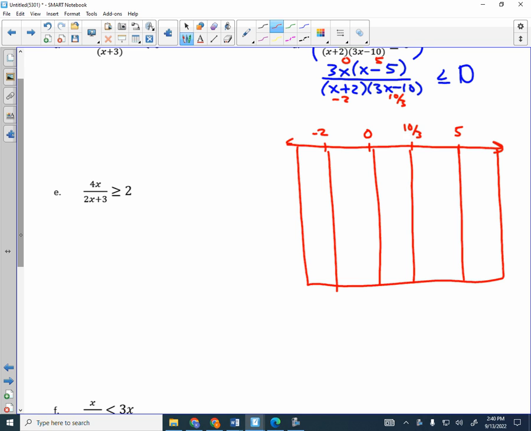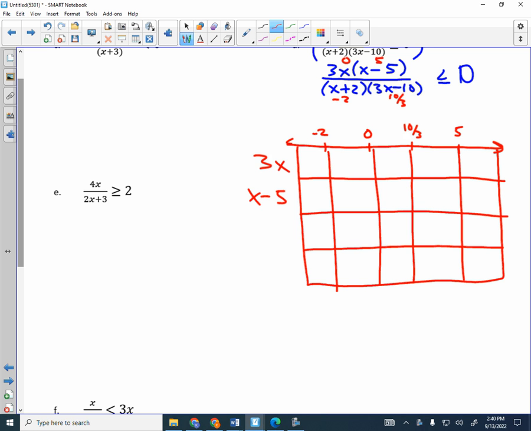And then you would have 4 rows. What goes on the side? Not just the numbers, but the actual factors: 3x, x minus 5, x plus 2, 3x minus 10.